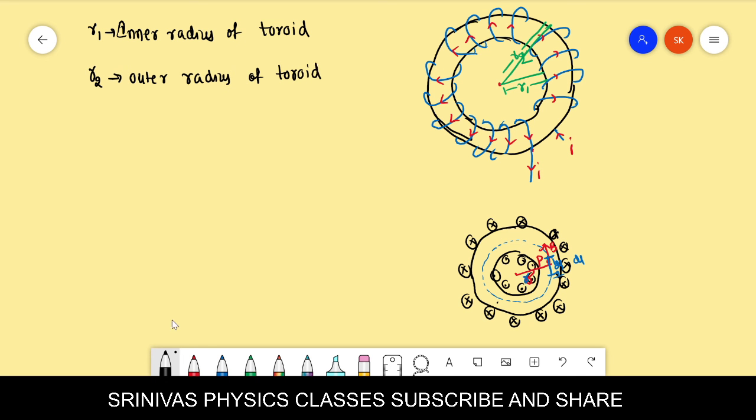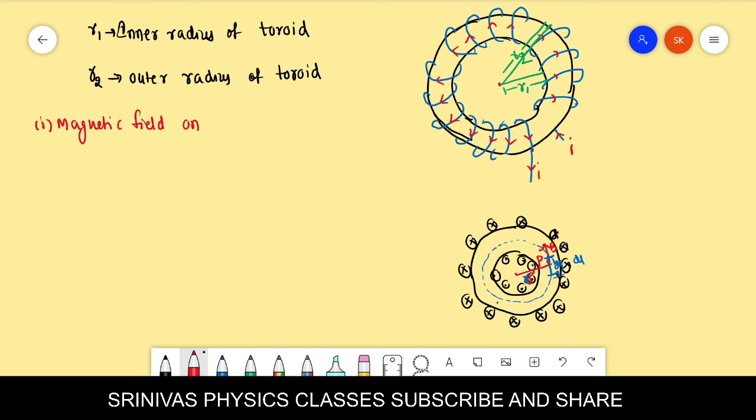Okay. I want the magnetic field on axis of toroid. How to find out the magnetic field on axis of toroid?